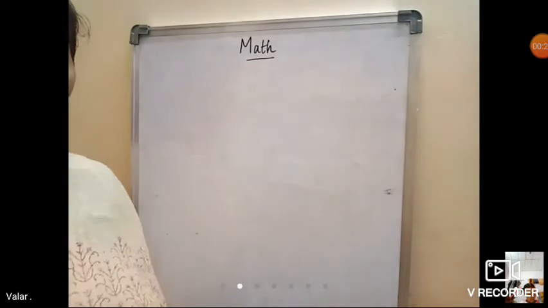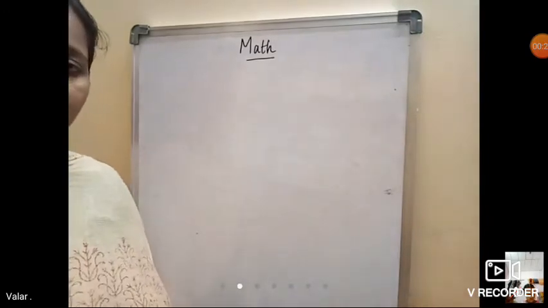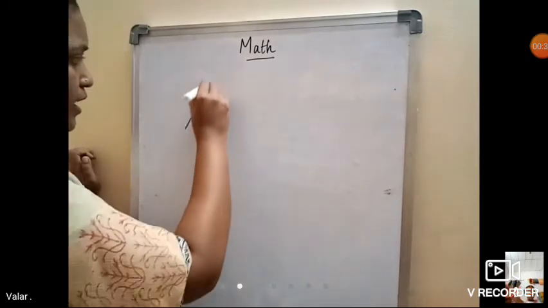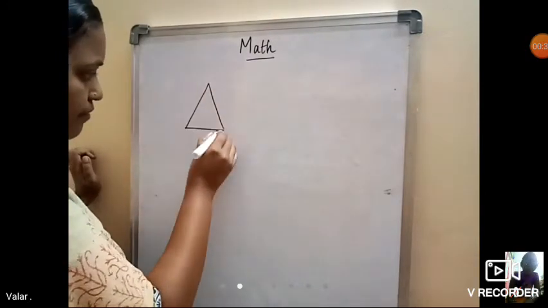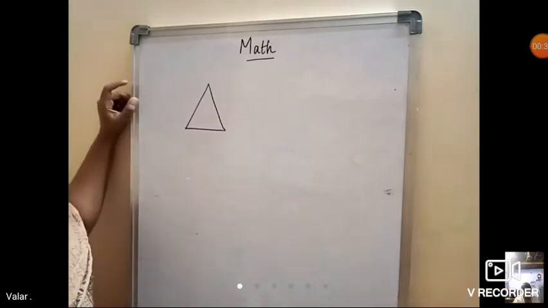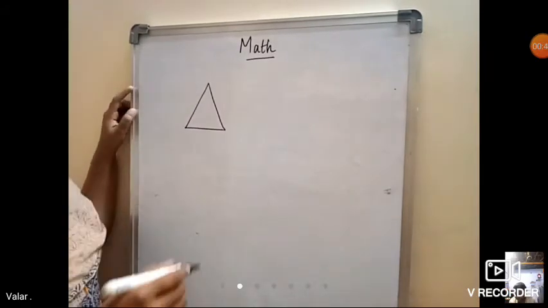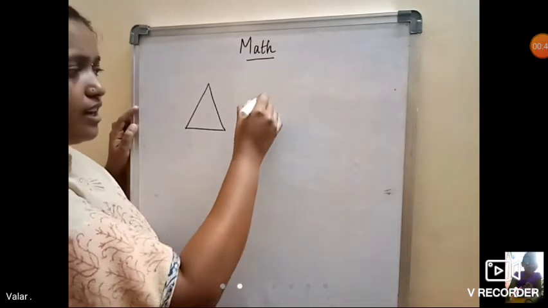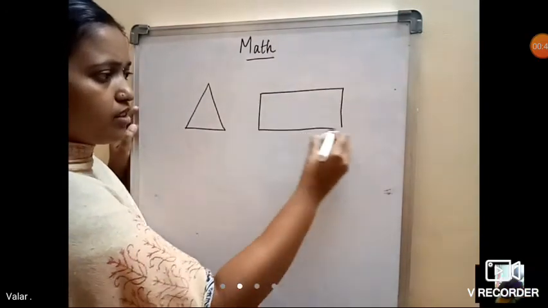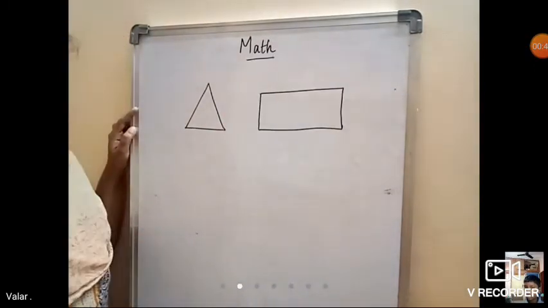You all know different shapes, right? Just tell me, what is this shape? Very good. This is a triangle. Who is telling circle?